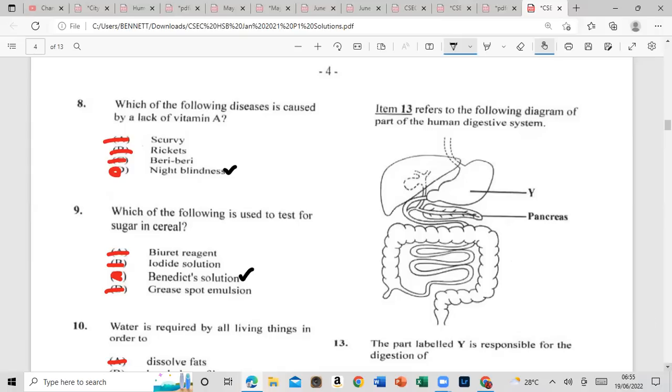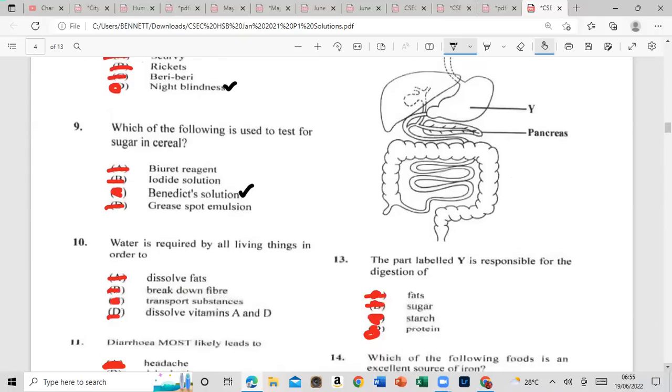Number 10. Water is required by all living things in order to A, dissolve fat, B, break down fiber, C, transport substances, D, dissolve vitamin E, and that's transport substances.